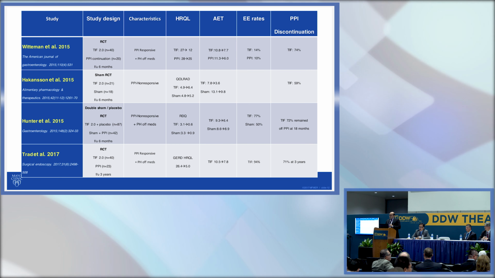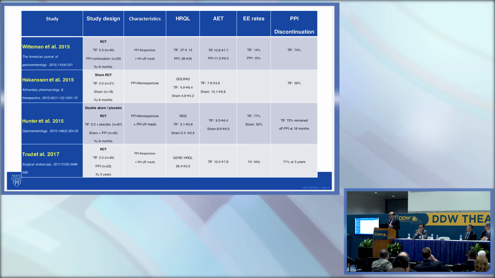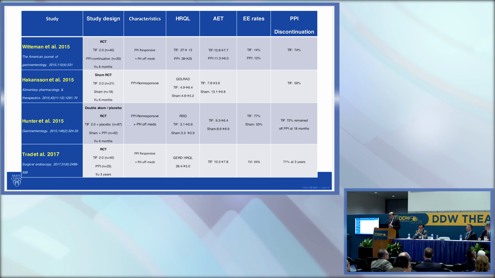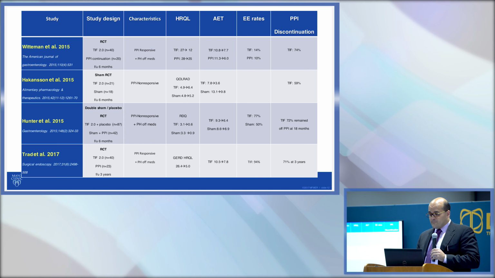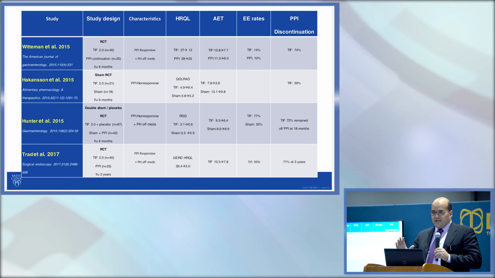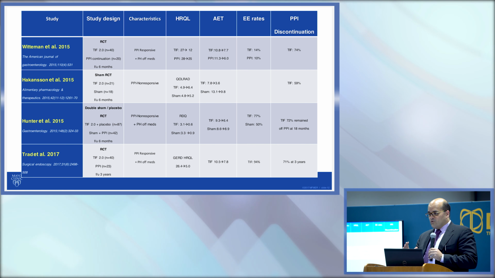But most of the literature also report on rates of erosive esophagitis healing, and that have ranged between 70 to 94% in the reported literature, with a rate of PPI discontinuation after the procedure that goes from 59% to upward of 74%. So these are the trial data, and now we have data that goes beyond that.